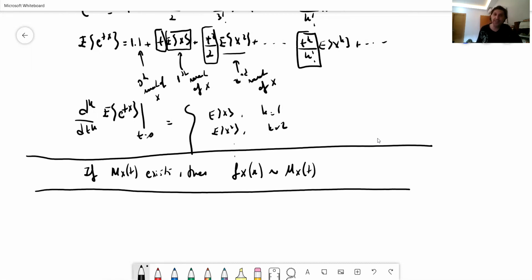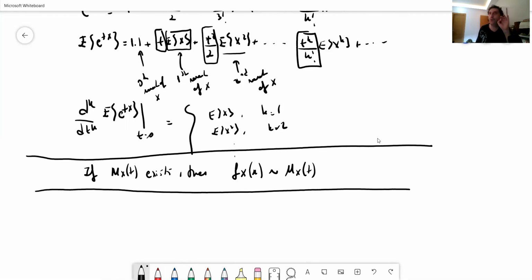Now that's an important thing, which means that for different distributions, we are going to find different moment generating functions. Once you have the moment generating function, you can always go back to the distribution. Not only is the moment generating function unique, but it also gives the whole information about the probability density or probability distribution function.